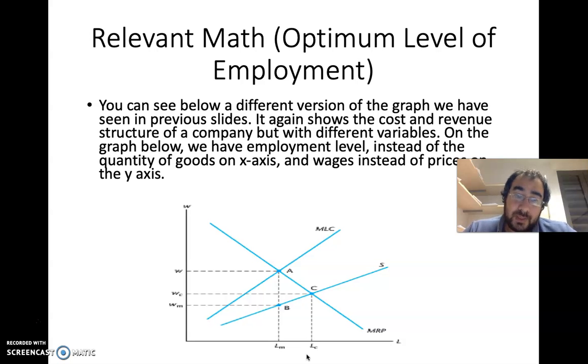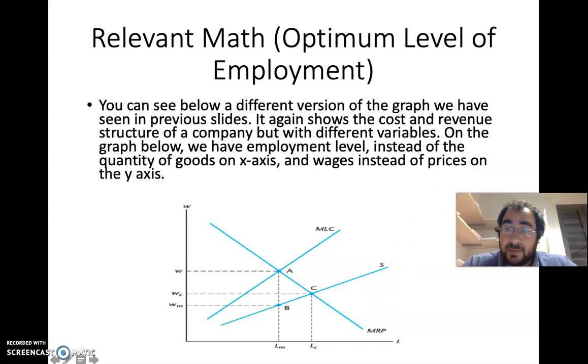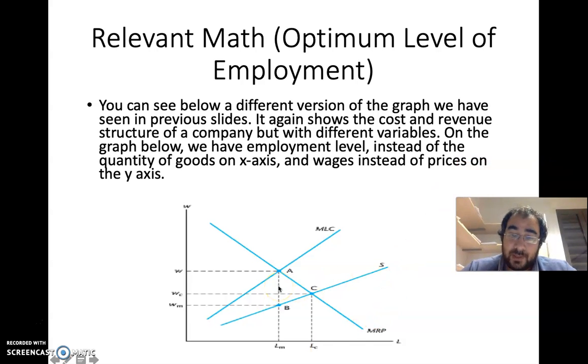So that means actually by having a monopsony instead of a competitive market, the decrease in wage level is WC minus WM.